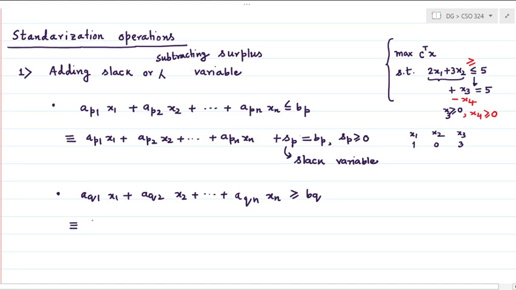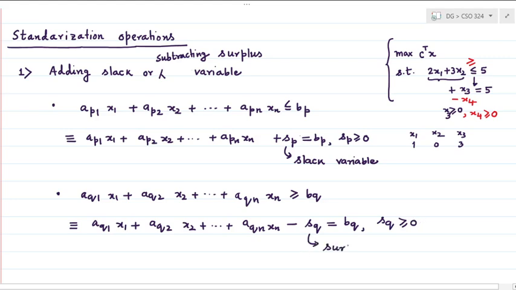And this can be equivalently written as a q1 x1 plus a q2 x2 plus a qn xn minus the surplus variable sq is equal to bq, where sq is a variable greater than or equal to 0, and this variable is called the surplus variable.